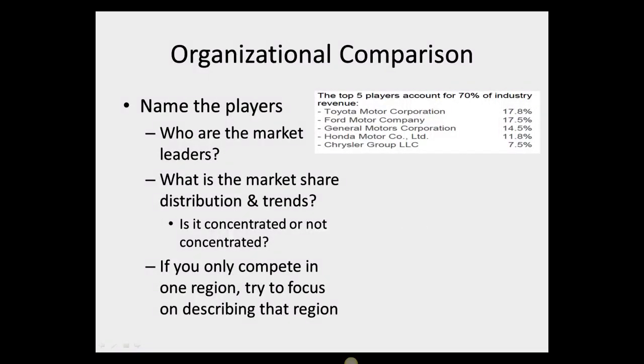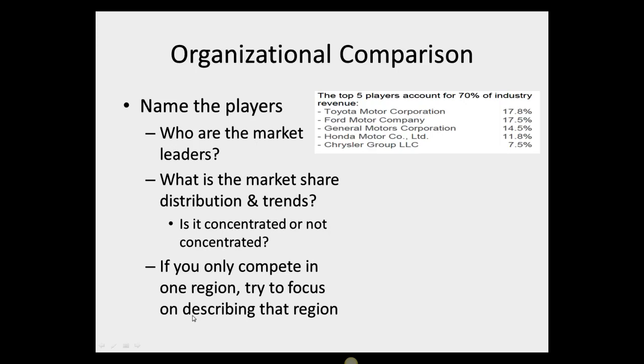Okay, so the last video in the strategic positioning topic. When you're trying to look at other companies in the industry, you do need to know who the market leaders are, what the distribution and trends are. If you're competing with just one region, try to focus on describing that region.